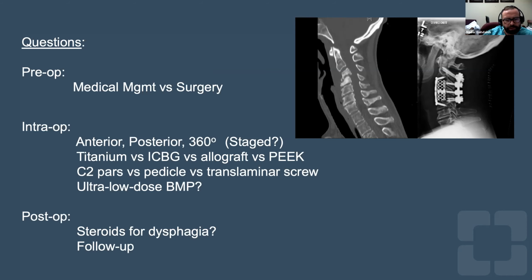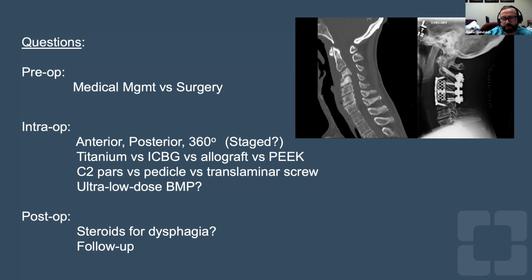Curious, not in this case, but any thoughts, or do any of you routinely or possibly use ultra-low-dose BMP for cervical corpectomies? I never use BMP in the anterior cervical spine, and almost never in the posterior cervical spine, unless it's a revision and failure. In the anterior cervical spine, if there's an issue, it's hard to justify.